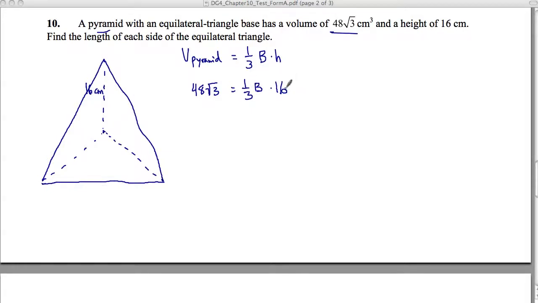Right, so we want to cancel out and solve for the area of the base. So we want to divide by 16, both sides, then multiply by 3. We find that the area of the base is 9 square root 3. Right, again, this is the area of the base.